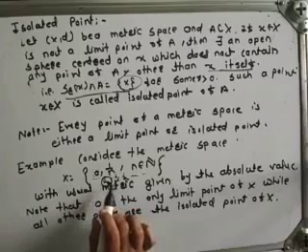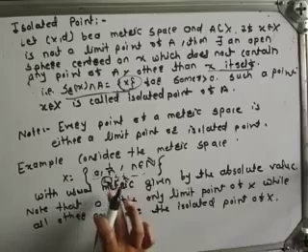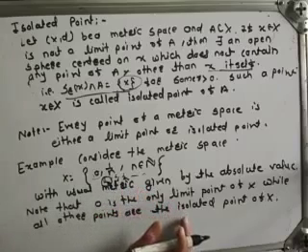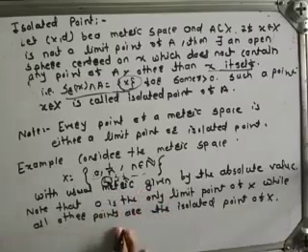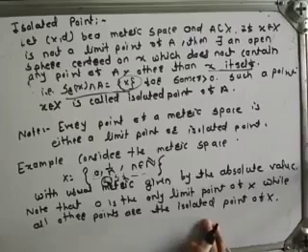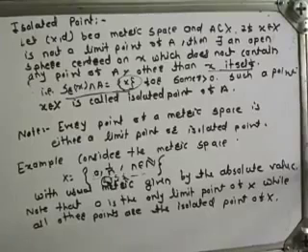Therefore 1 by 2 is an isolated point of X. Similarly 1 by 3, 1 by 4 and so on. Therefore all other points are the isolated points of X. Okay, we will stop here. In the next video we will see closure of a set.